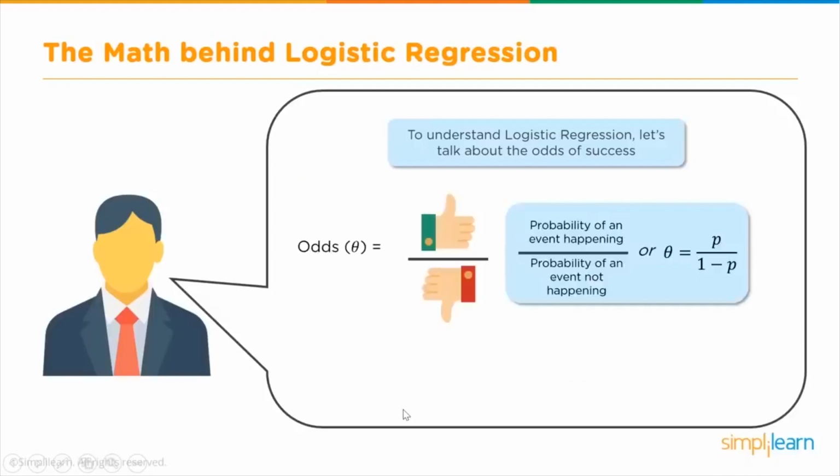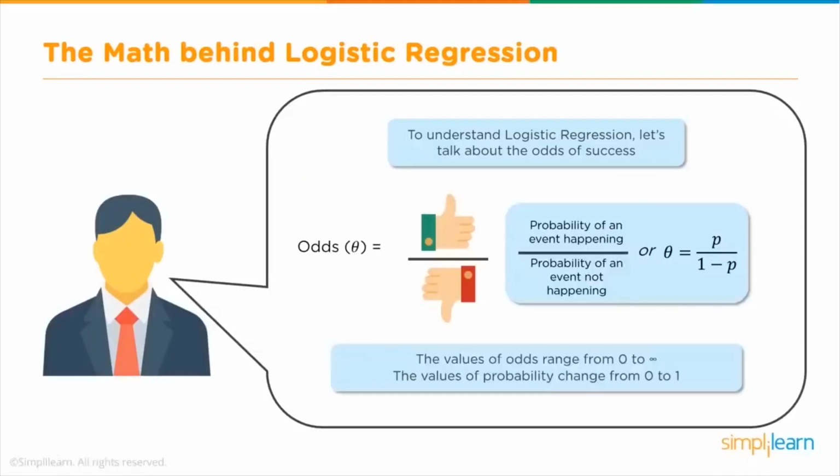And this is how the math behind logistic regression looks. So we are trying to find the odds for a particular event happening. And this is the formula for finding the odds. So the probability of an event happening divided by the probability of the event not happening. So P is the probability of the event happening, the probability of the person getting a promotion, and it is divided by the probability of the person not getting a promotion, that is 1 minus P. So this is how you measure the odds.